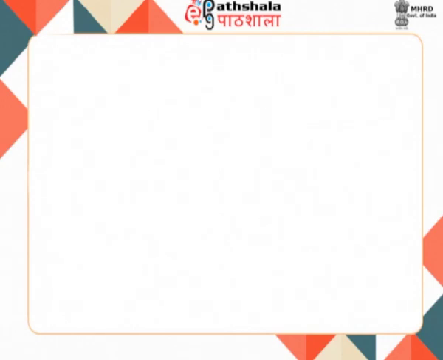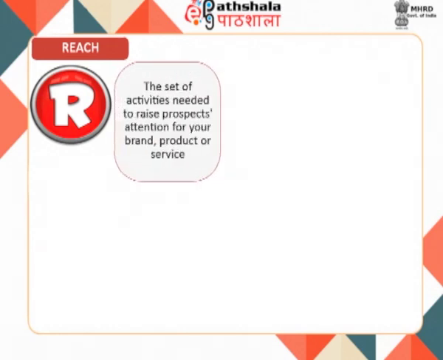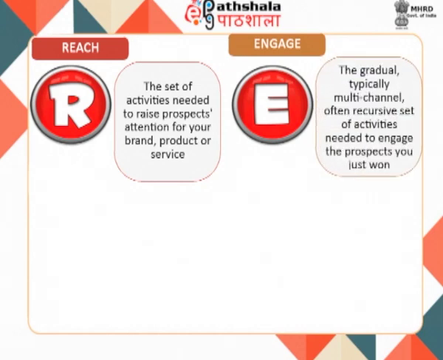REAN is a marketing acronym whereby R is reach, the set of activities needed to raise prospects' attention for your brand, product, or service. E is engage, the gradual, typically multi-channel, often recursive set of activities needed to engage the prospects you just won.